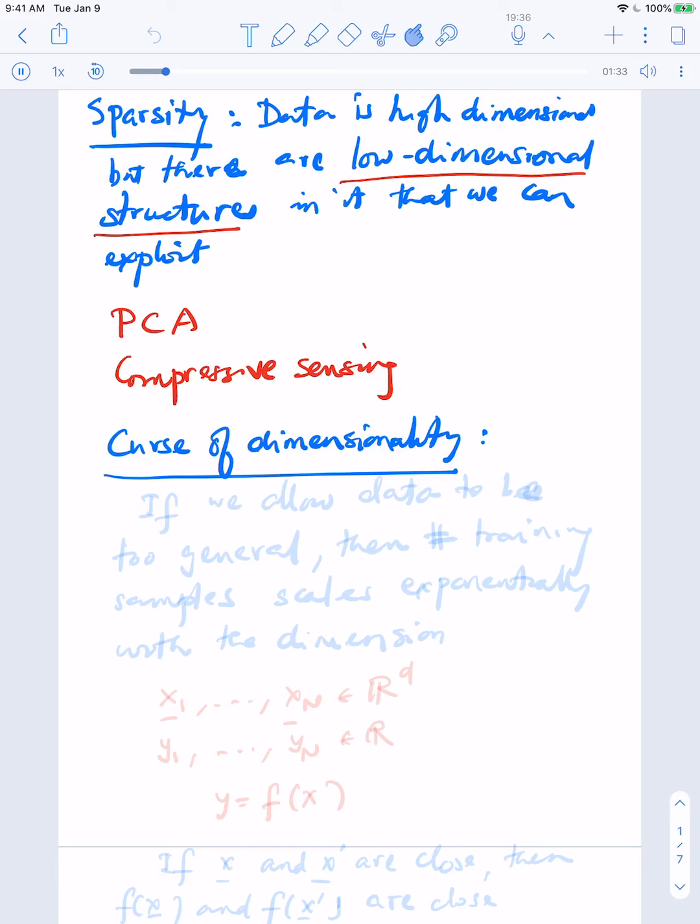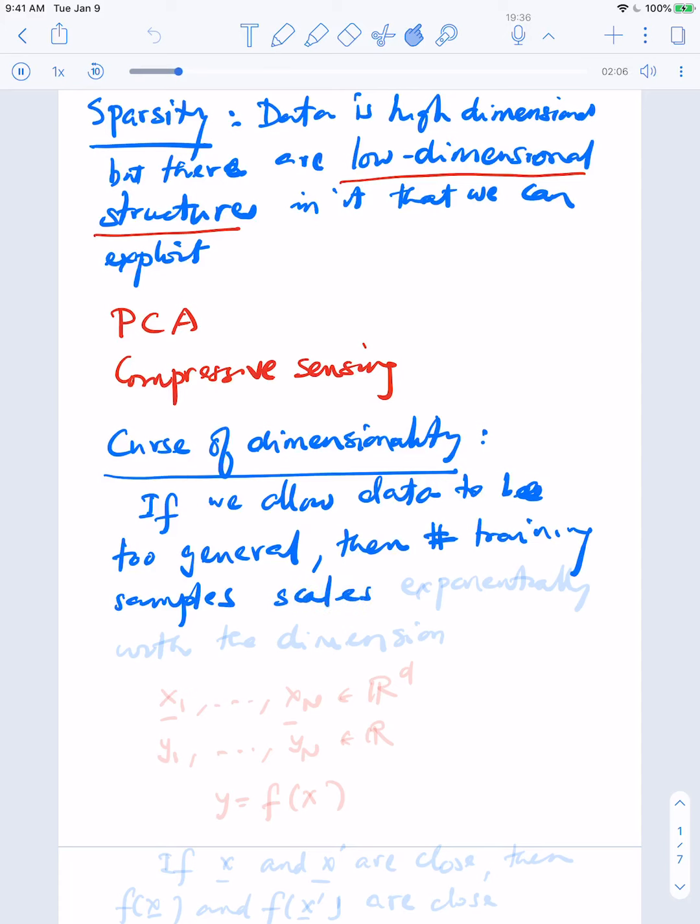What it means is that if we allow the data and our objective to be too general, so we have classification or regression objectives, if you allow the data and the objectives, that combination, to be too general, then the number of training samples for learning anything scales exponentially with the dimension.